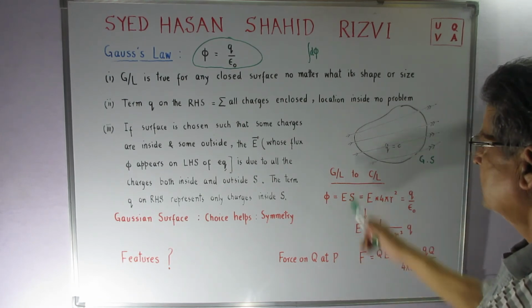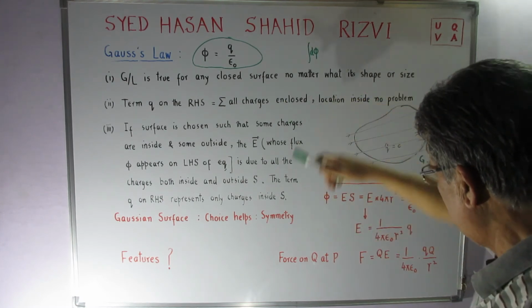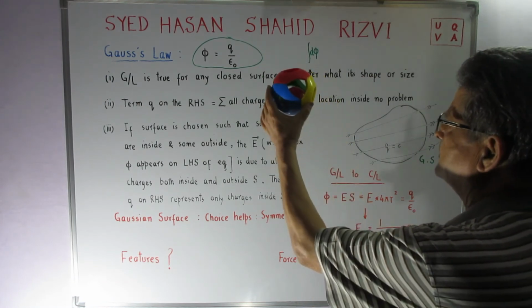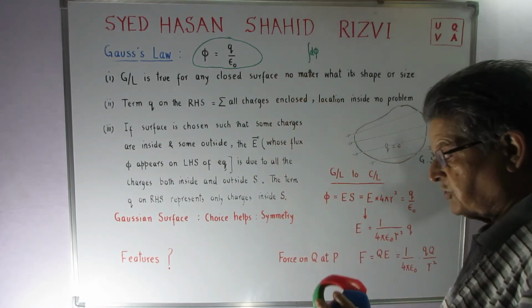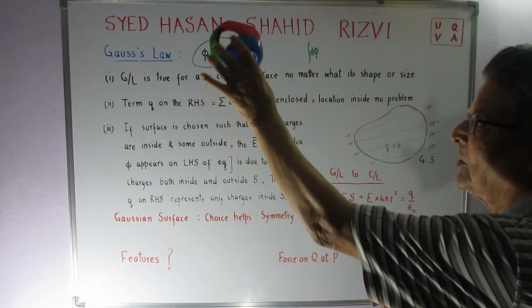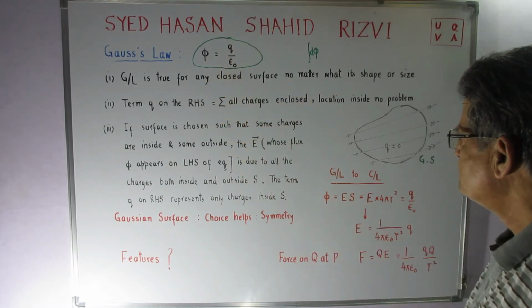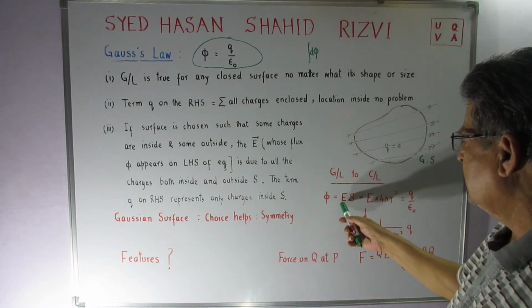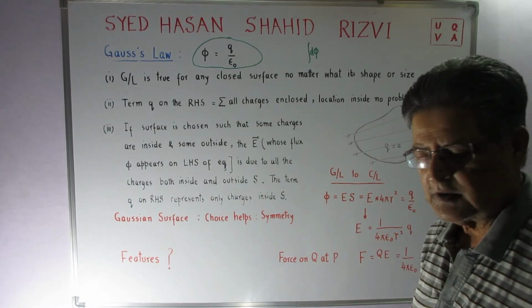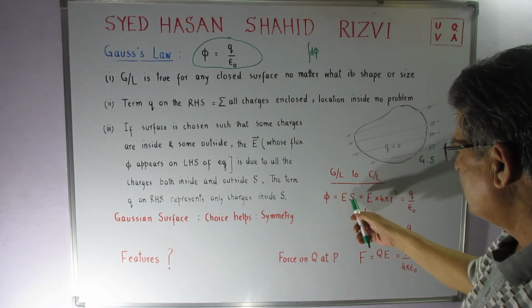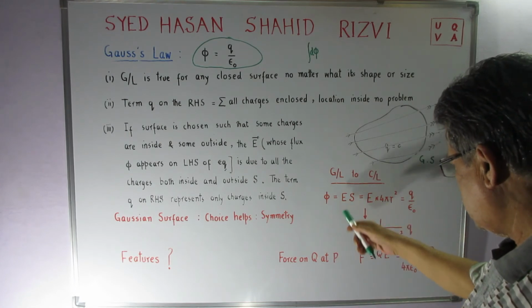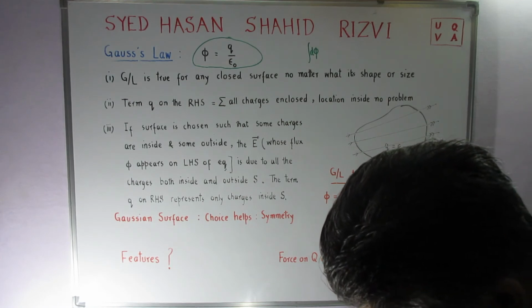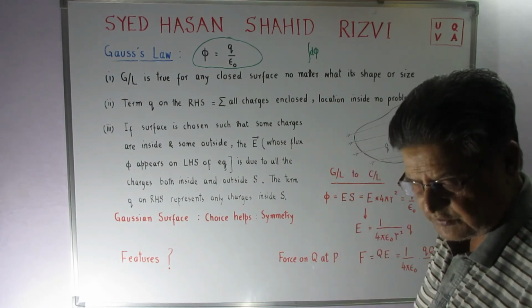So in case of a spherical body like Mr. Ali's ball here, if the charge is put at the center of this spherical body, then the electric field emanating from it and the surface are parallel to each other. That means they make an angle of 0 degrees.